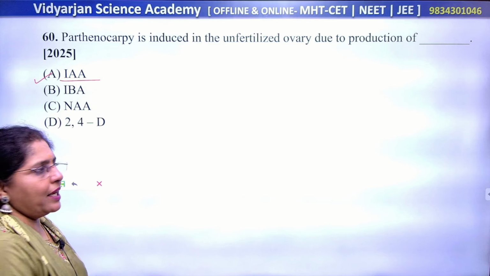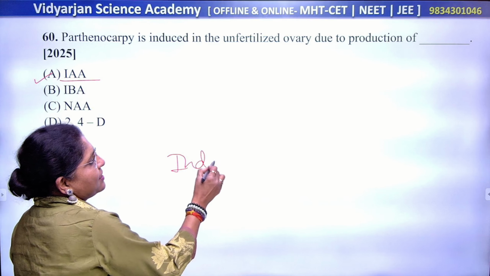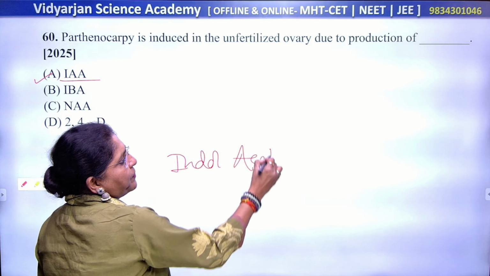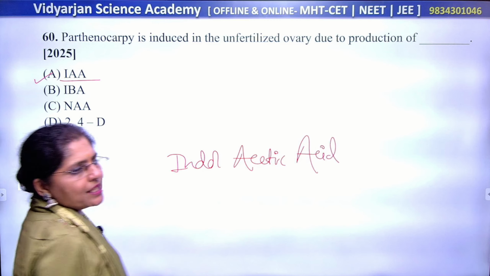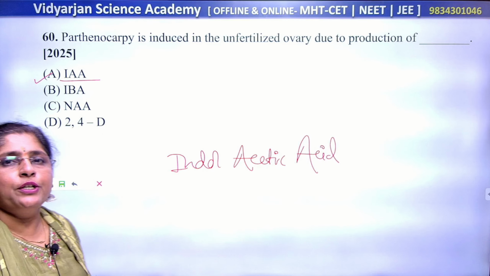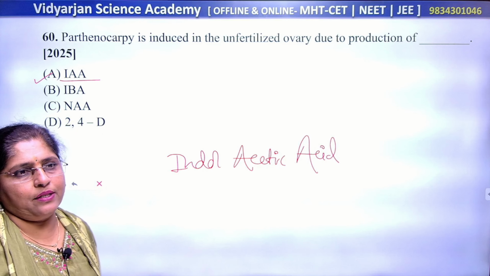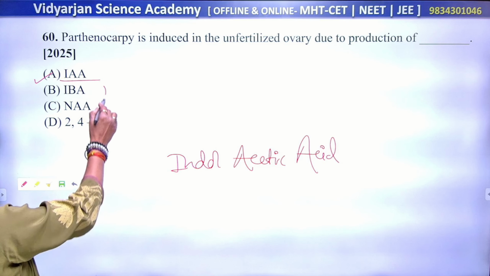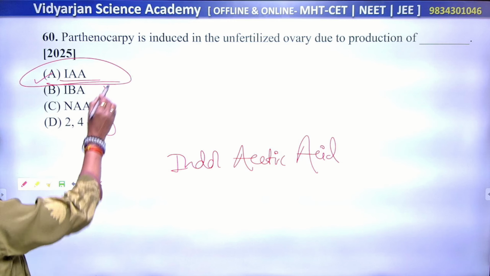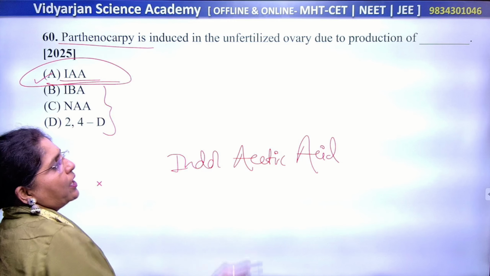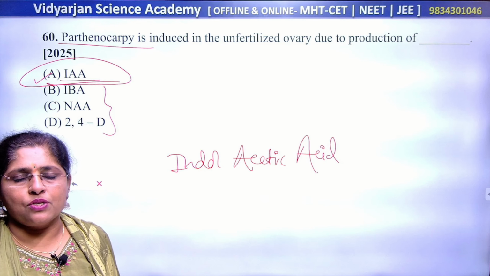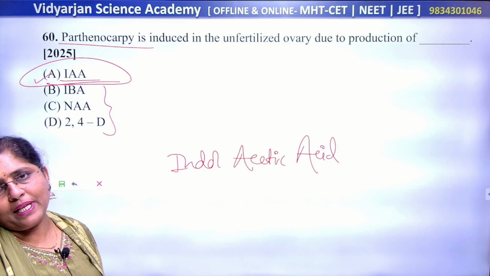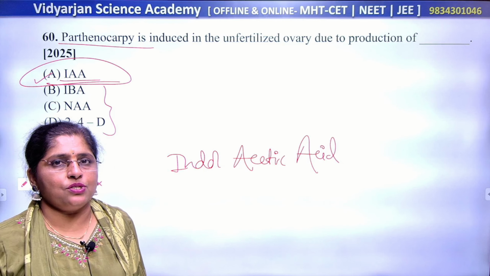What is IAA? Indole acetic acid, right? What is IBA? Indole butyric acid. Okay, so all the short forms you will be remembering, but our answer here is indole acetic acid, for the development of good parthenocarpic results.